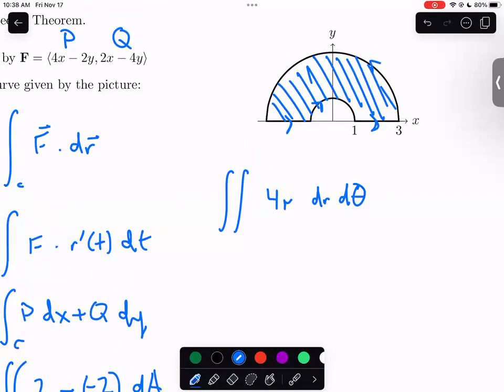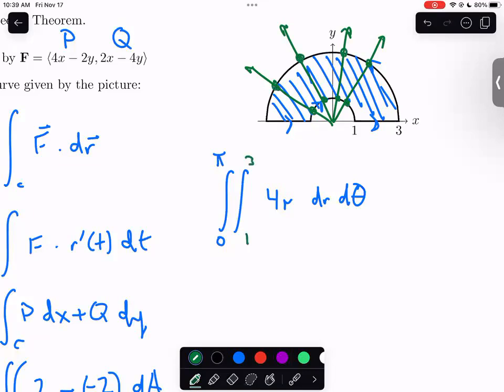My thetas would range from 0 to pi, because I'm only on the top half. If I go beyond pi, I no longer have a picture down here. So 0 to pi, just the top half. And then for my radius, I think about how I enter into and how I exit my region. It seems like I'm going in through my circle of radius 1, and I'm exiting through my circle of radius 3.